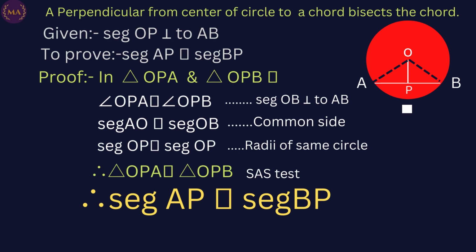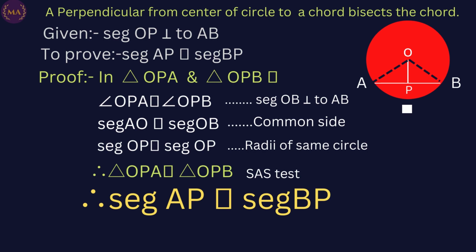First, we will draw the diagram, we'll write the given, we'll write what to prove, and in the main proof we are taking two triangles and proving them congruent. And using the congruency criteria, we get the two sides, that is the two parts of that chord AB, equal. Yes. So this is the way to prove this theorem.